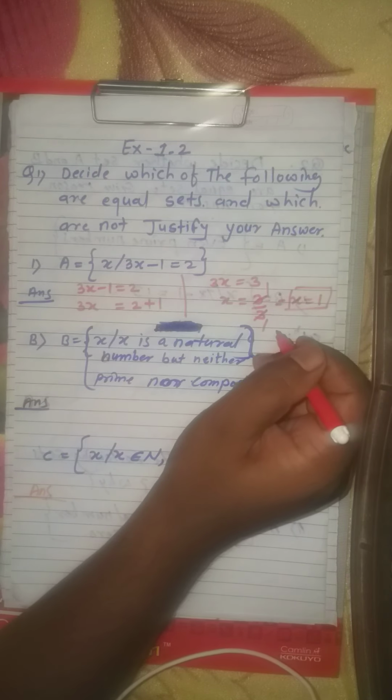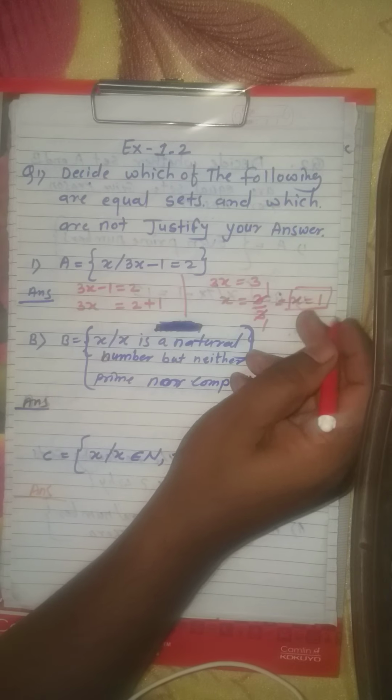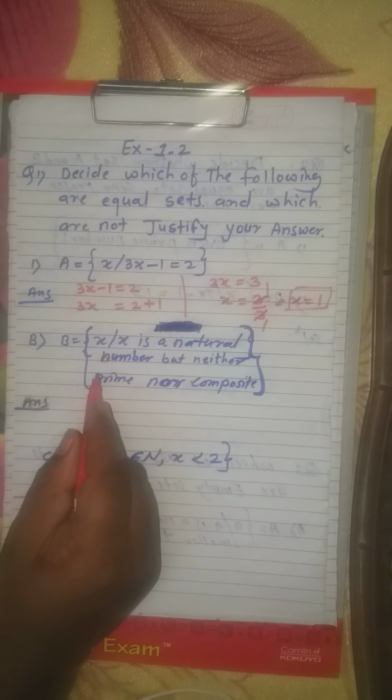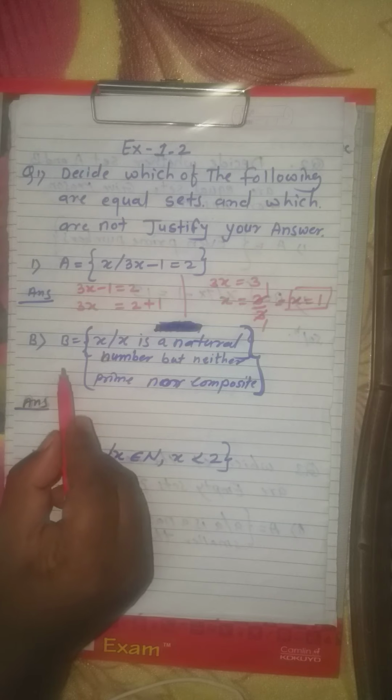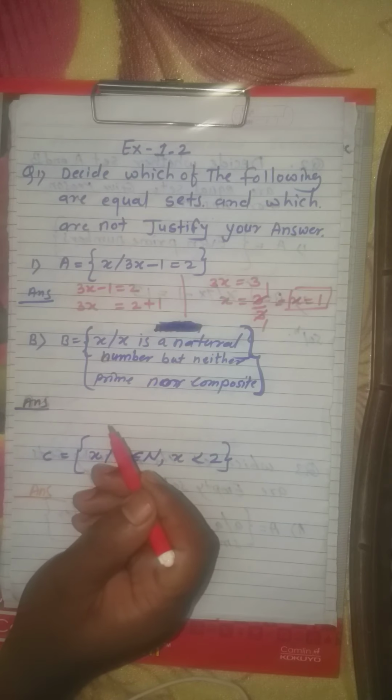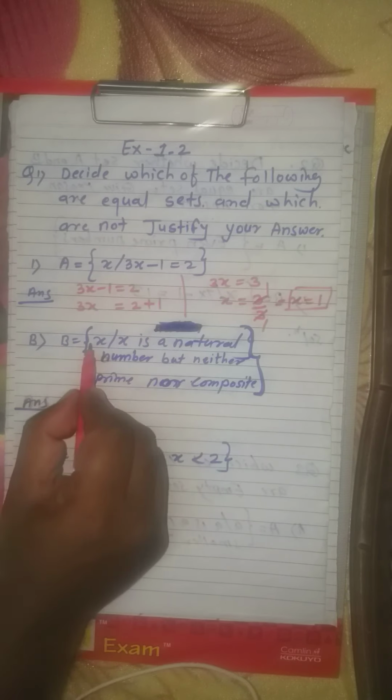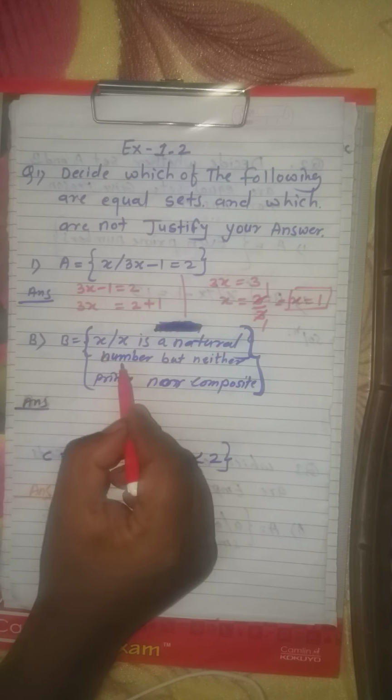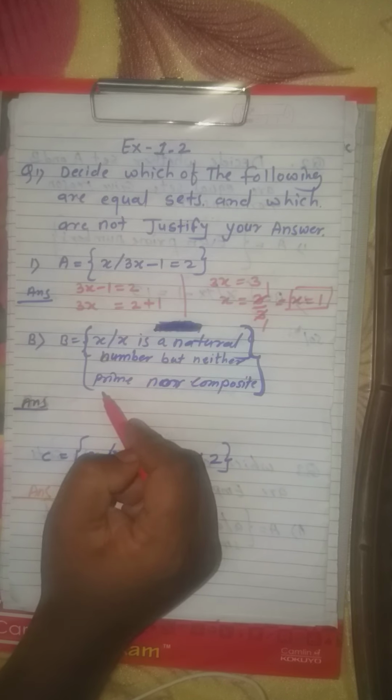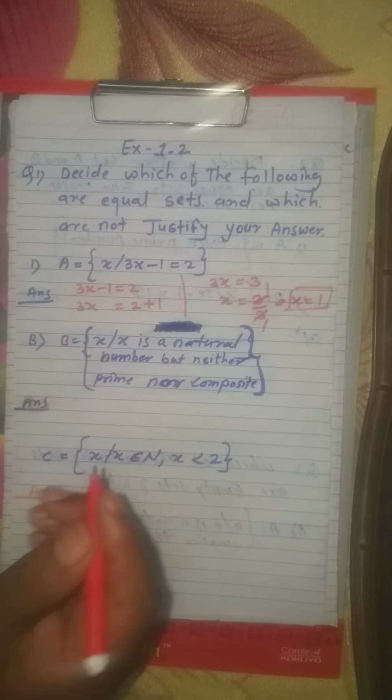So the first condition, we have found the answer, x is equal to 1. We have to see whether set B has the answer 1 or not. So x is such that x is a natural number but neither prime nor composite.